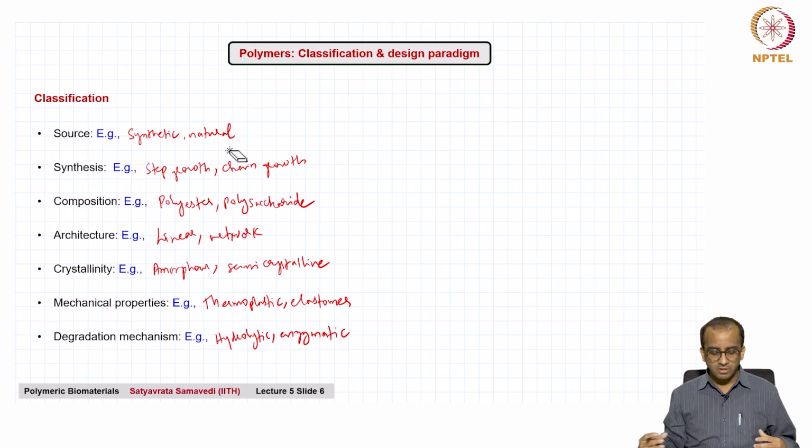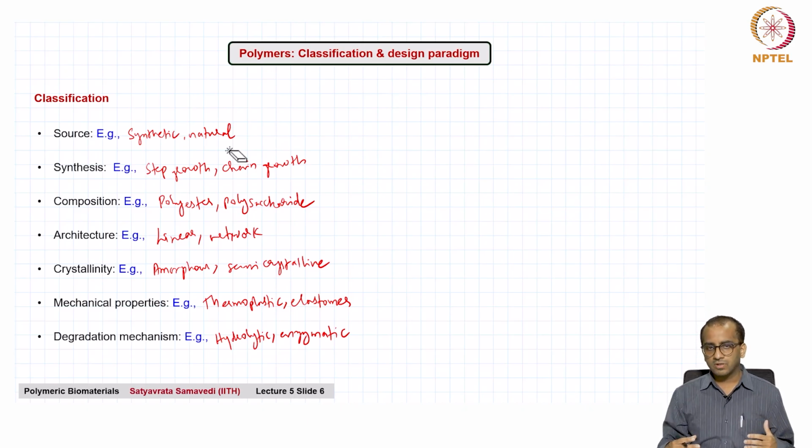For example, you can classify polymers based on mechanical properties into other categories. You can have other types of architectures. Obviously, based on composition, you can have inorganic, for example, silicone based polymers, and so the list is endless. But the idea here is to understand that how you classify polymers depends on what you are asking about the polymer.